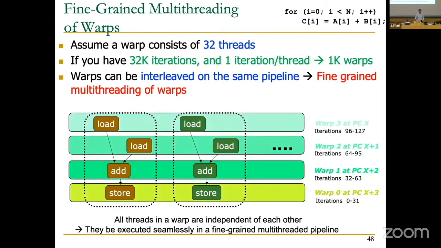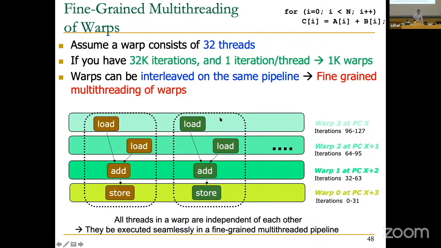Okay, so let's take a look at the fine-grained multi-threading. It's the same example. All threads in a warp are independent of each other, so they can be executed seamlessly in a fine-grained multi-threaded pipeline. Let me give you the example. This is warp 0, and this is a filled pipeline. Initially, you fetch warp 0. Warp 0 executes program counter X, meaning the first 32 iterations and just this load.